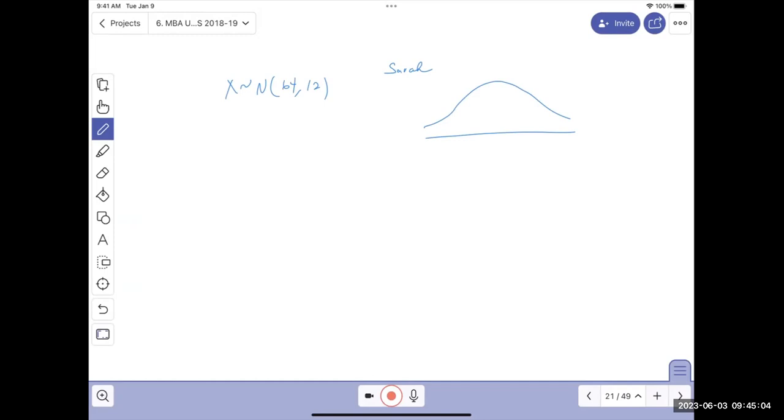Now, when I draw this, I could be drawing Z or the distribution, but I'll do it with the Z score. So this is 0.9800, and we need to find out how many standard deviations that makes her above.